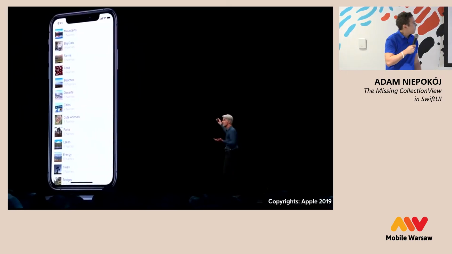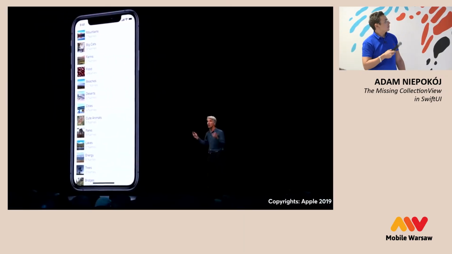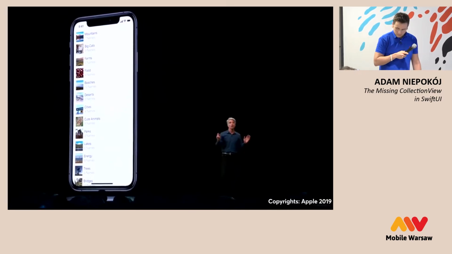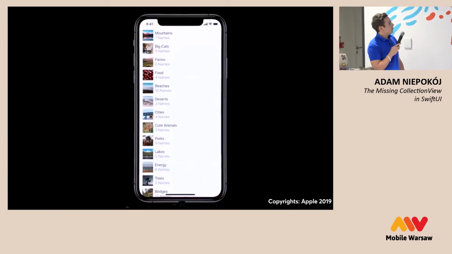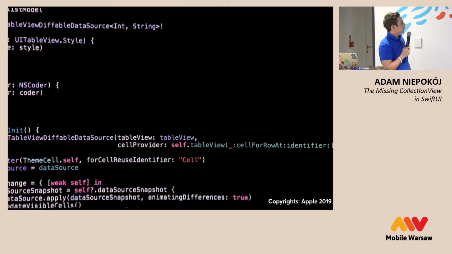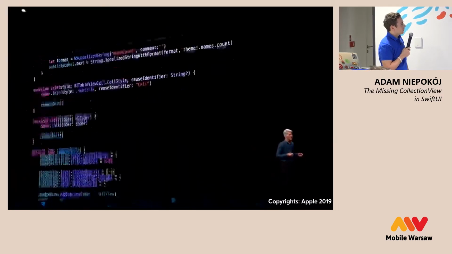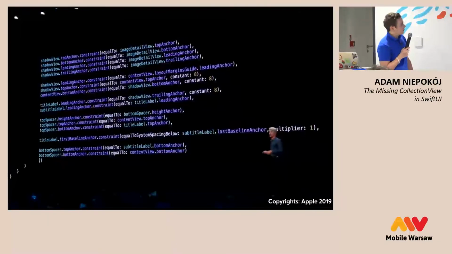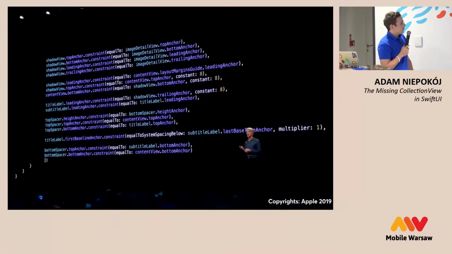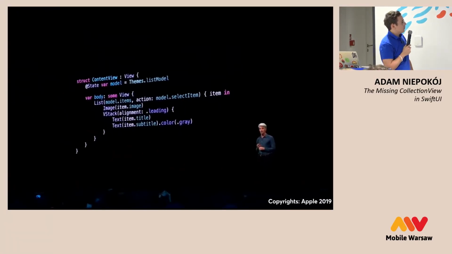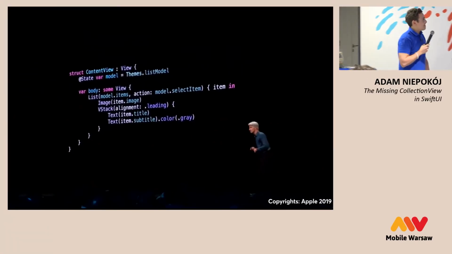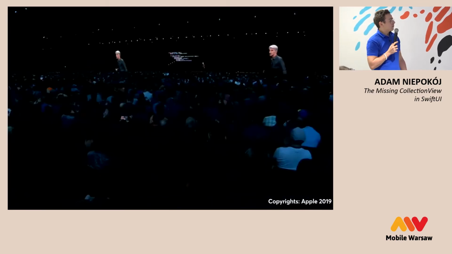For instance, let's take an app like this, a simple list. We've all written one of these. Now, it turns out if you want to write this with support for all the modern features, you might end up writing something like this in UIKit. It's actually quite a bit of code. Here's that same thing in SwiftUI. That's it. Just a few lines of Swift code.